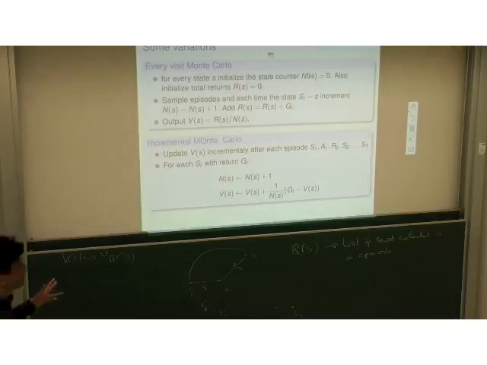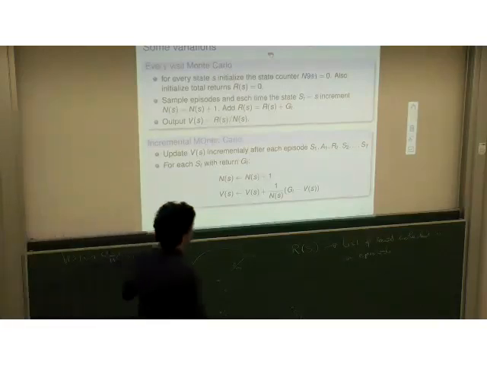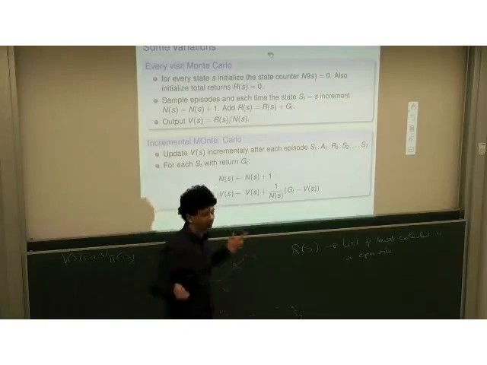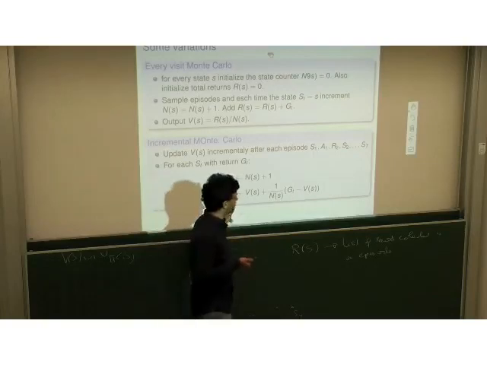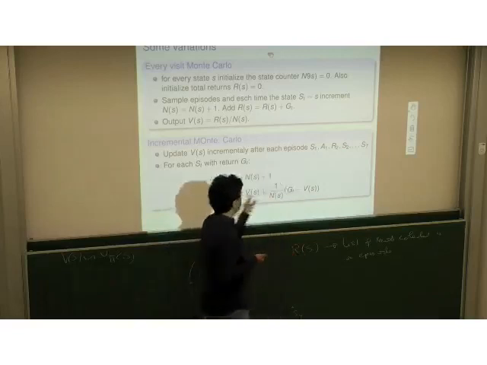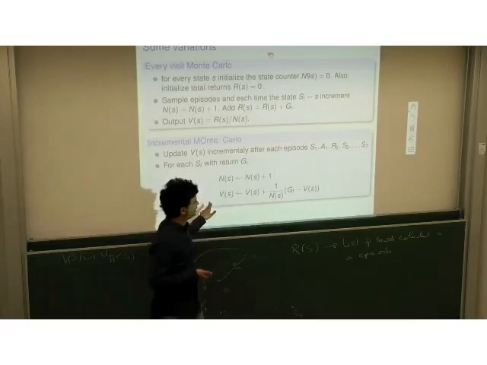Okay, so it says you implement the way you calculate the update. The jargon is update when you want to change a variable after encountering new information. You update that variable by actually doing this kind of change. So why does this work?